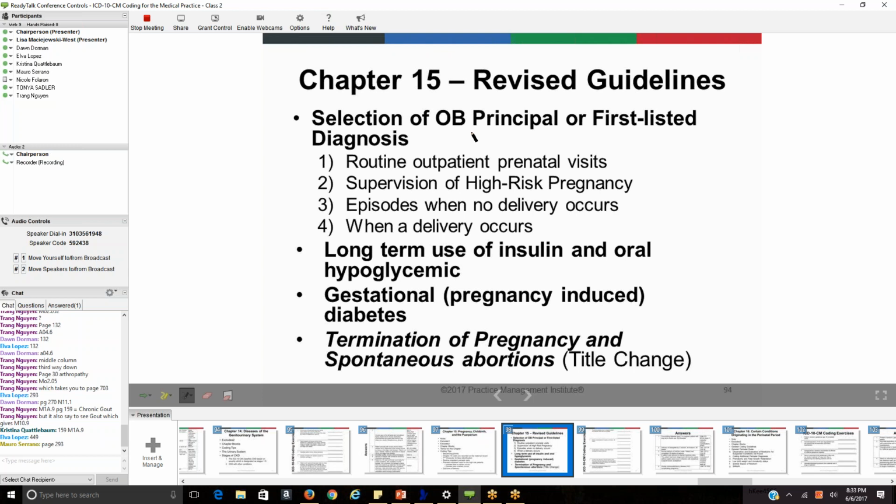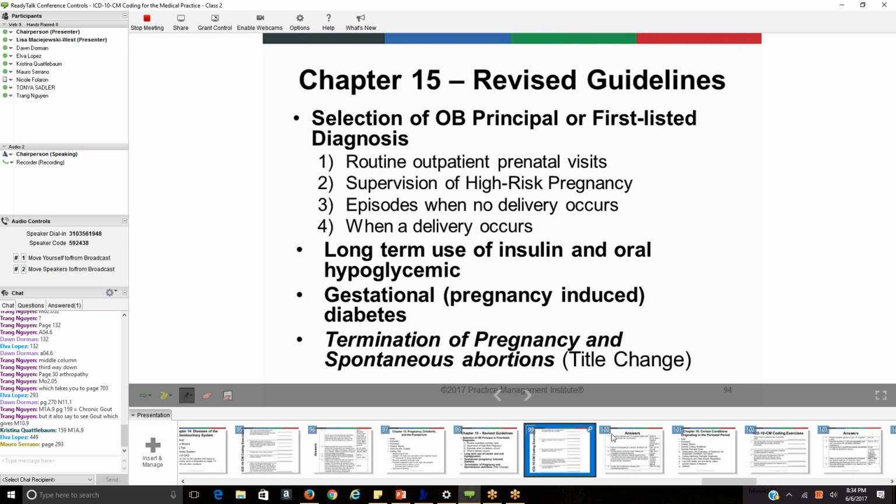Now, if they're just being given the insulin 1 or 2 times to control their blood sugar, then you would not use that Z code. Okay, and also there's been a title change to termination of pregnancy and spontaneous abortions instead of miscarriage. So now it's called a spontaneous abortion instead of a miscarriage.